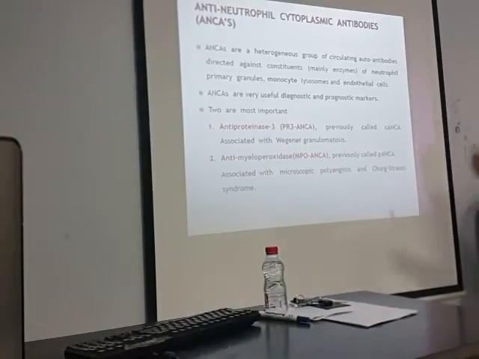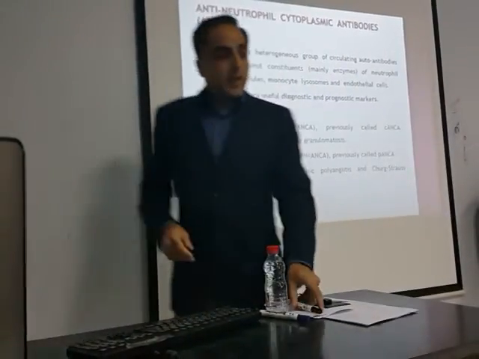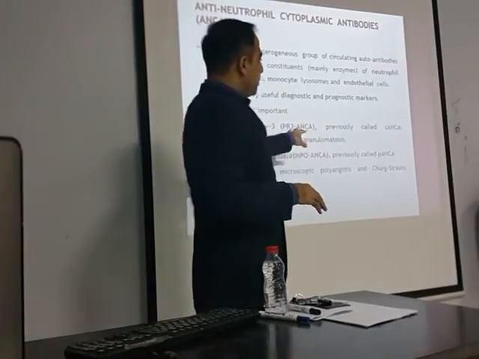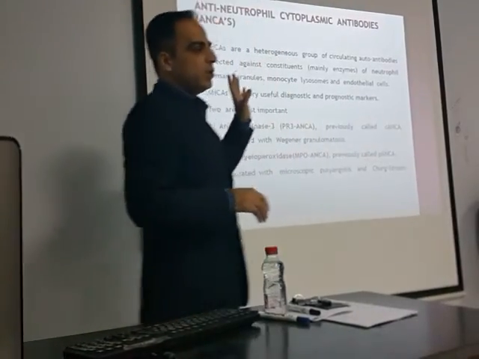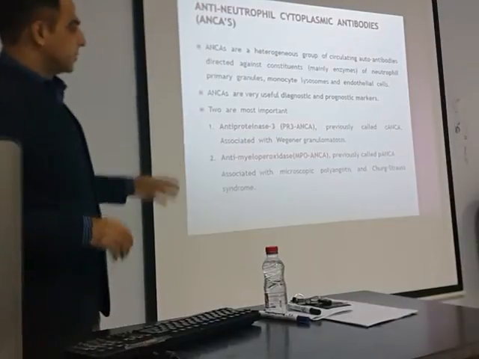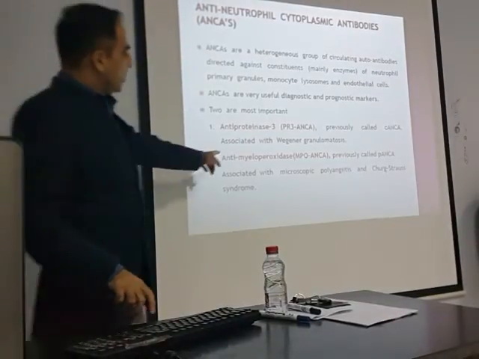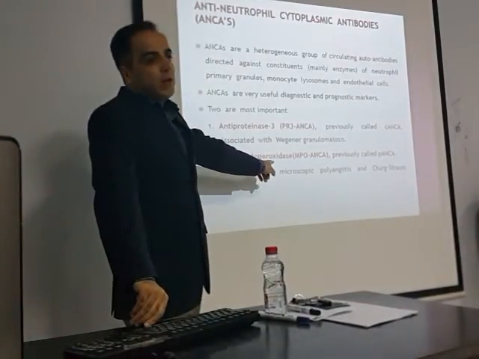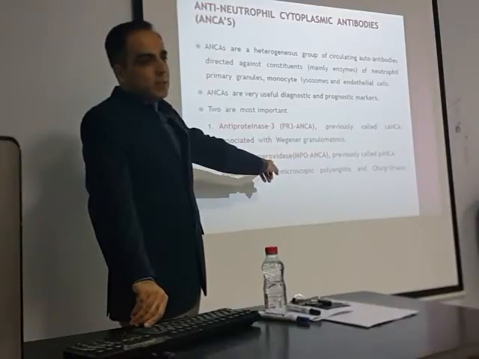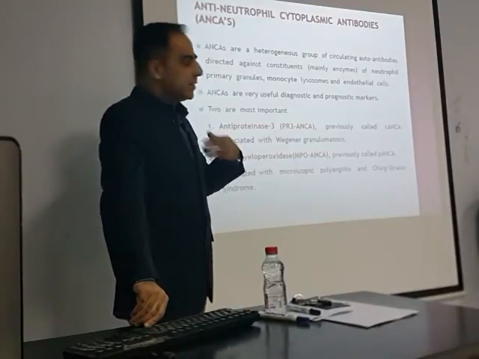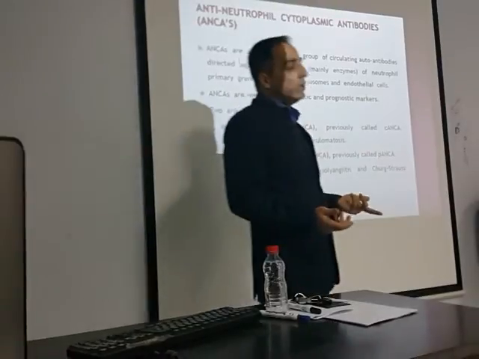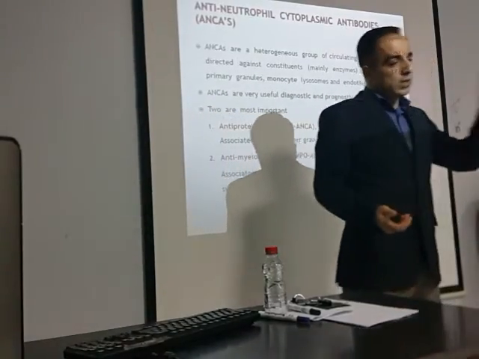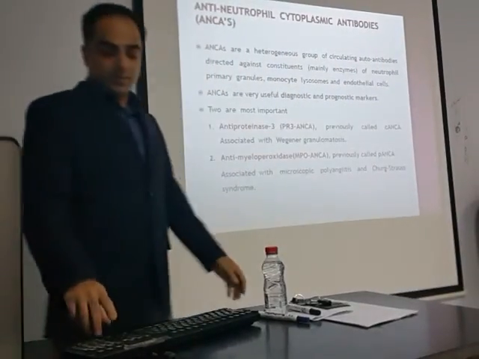We will see, there is a little bit of overlap, but predominantly you will find it in Wegener's. So it is directed against the enzyme myeloperoxidase. You got it? You have the myeloperoxidase inside the neutrophils, and you have the proteinase 3 also inside the neutrophils. So these antibodies are directed against these enzymes.